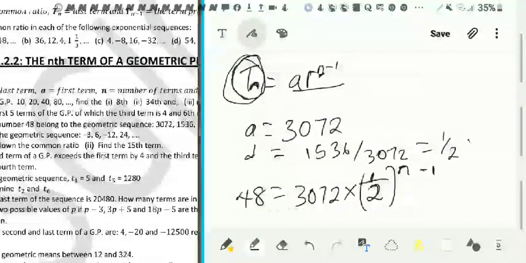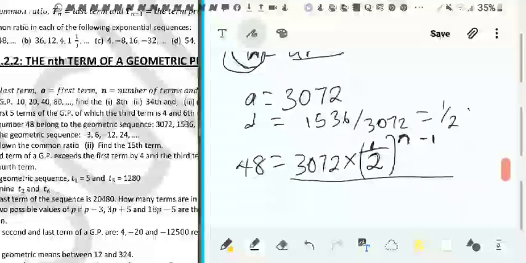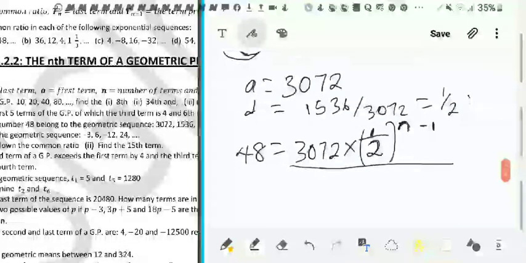You recall we've done indices before, so we're going to be doing some manipulations here.